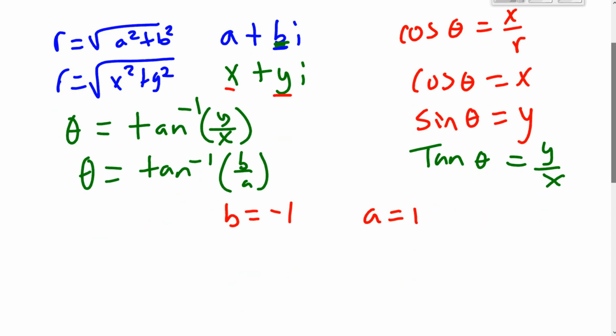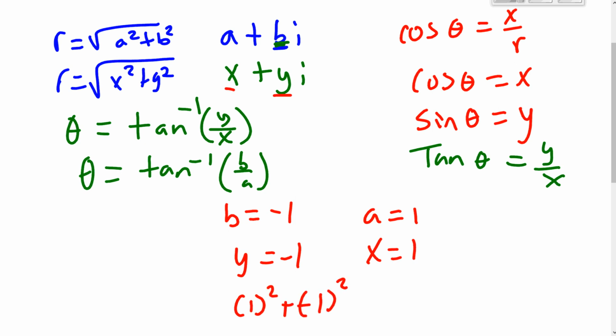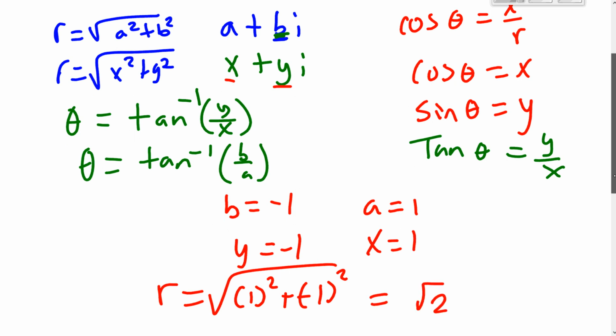Or you can do x is equal to 1 and y is equal to -1. Anyways, we square those. I'm going to take 1 and square it, and then take -1 and square it. So we get 1 and 1, and then we square root that, and that's our r. So r is equal to the square root of 2.